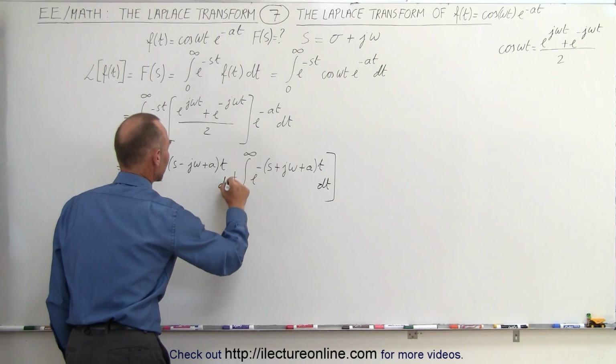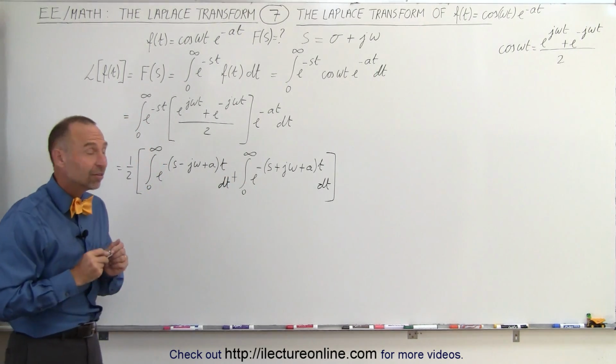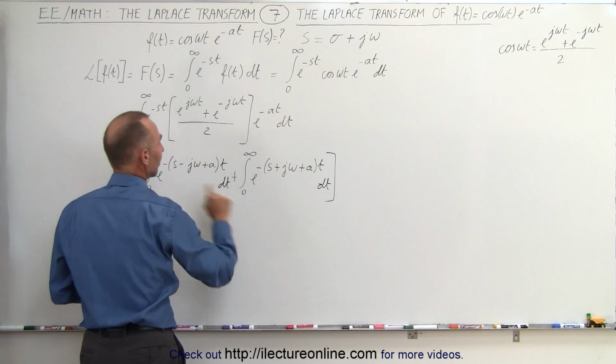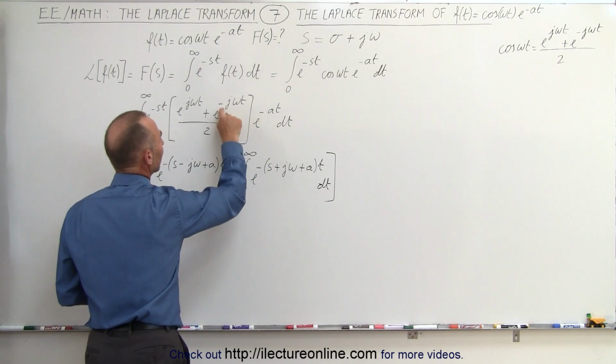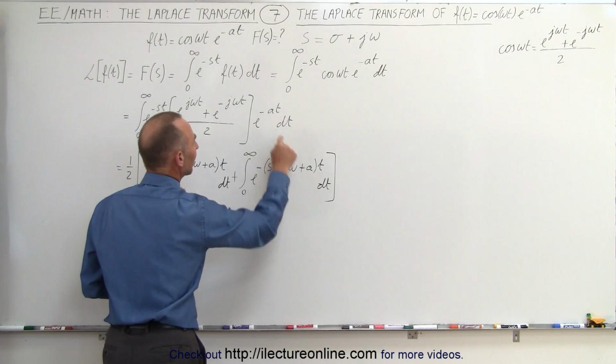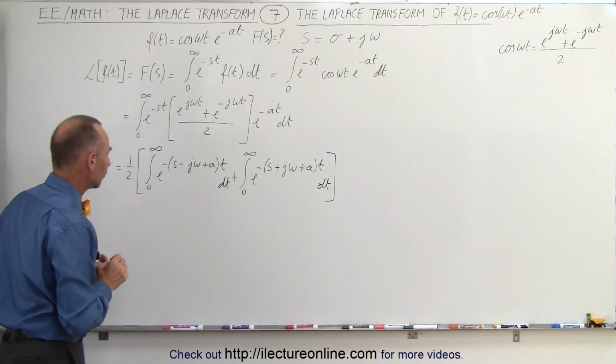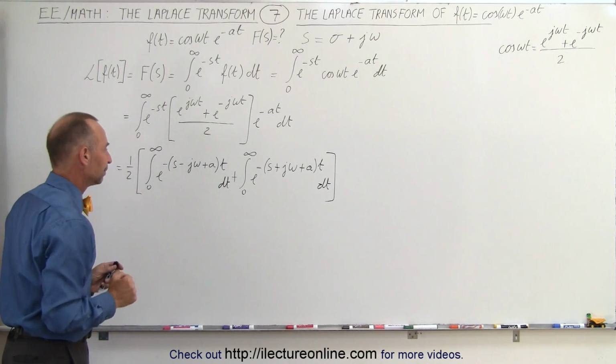Oh, and I need a dt over here as well. All right, now let's see if this is correct again. When we apply negative times s, we get a negative s. A negative times j omega, we get a negative j omega, and a negative times a, we get a negative a. So this looks good. We have two good integrals, and we have the 1/2 factored out.